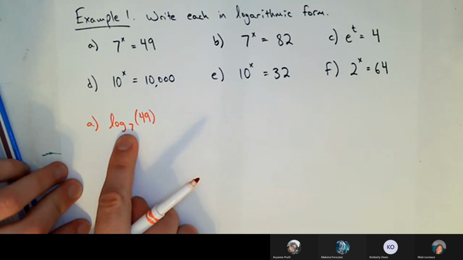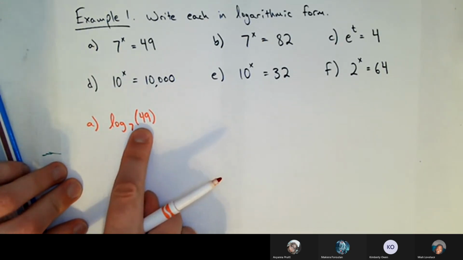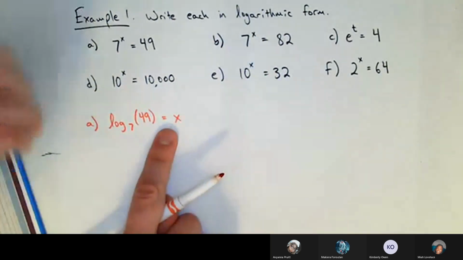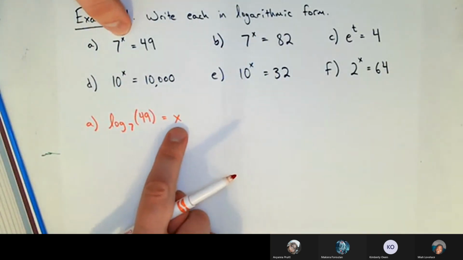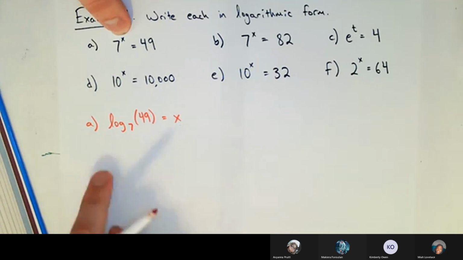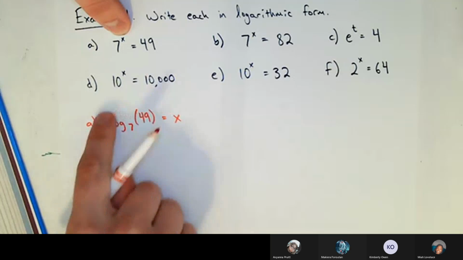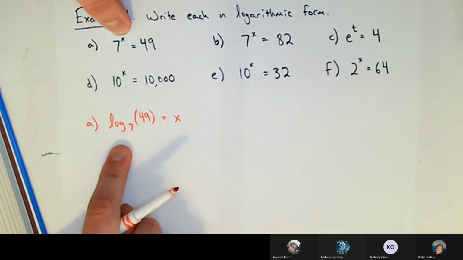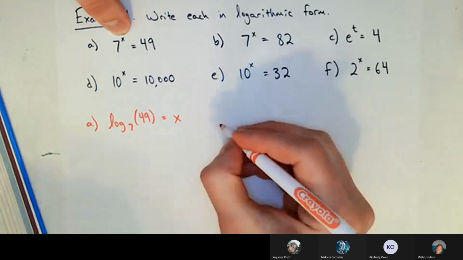That's the base of the log function. Its input is 49. This is equal to x. See how the exponent position gets explicitly written right there. So it's explicitly solved for. We will look at how to solve equations like this later, but for now, we're just practicing rewriting these things.